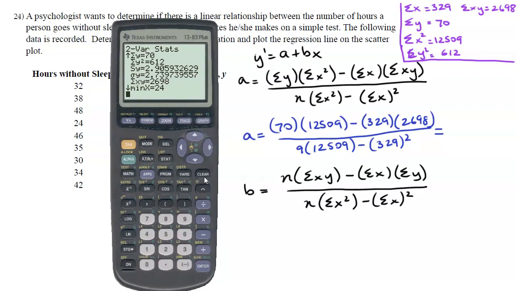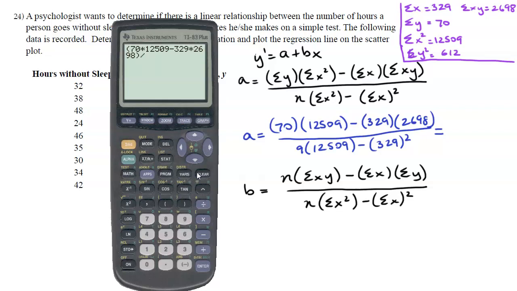Okay, so let's do this. I'll do the numerator in parentheses. So 70 times 12509 minus 329 times 2698. That's my numerator.